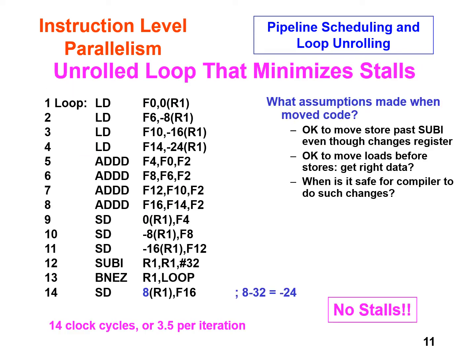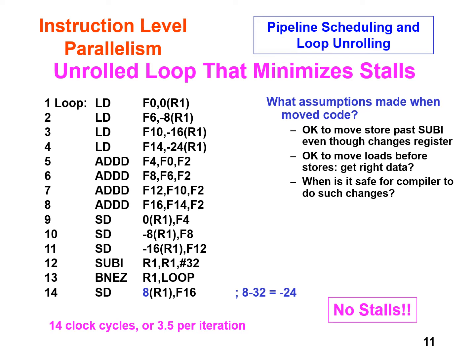Look at this. We have done the loop unrolling, and also we are making some changes in the order of execution so that we can minimize all the stalls. First we execute all the load operations, then all the add operations, all the store operations, then the subtraction and branch not equal statement, and the store operation finally.